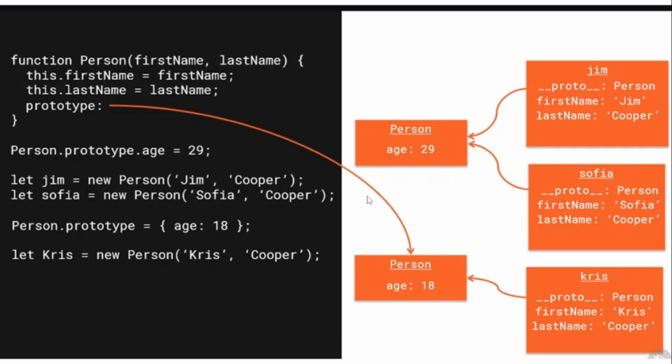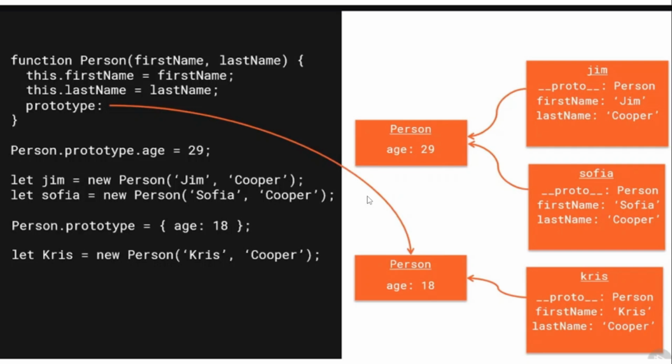However, the moment we reassign the value of prototype using this syntax, person.prototype equal curly braces age equal 18, what happens? The initial prototype age was actually pointing to a different location, and now the reference gets shifted towards a new location in memory. Due to this, Jim and Sophia's proto continues to point to the previous older location.